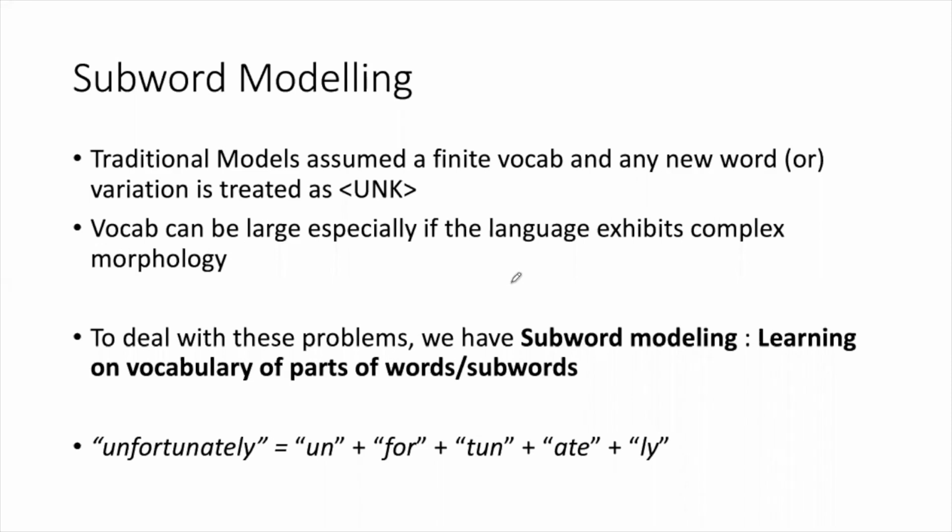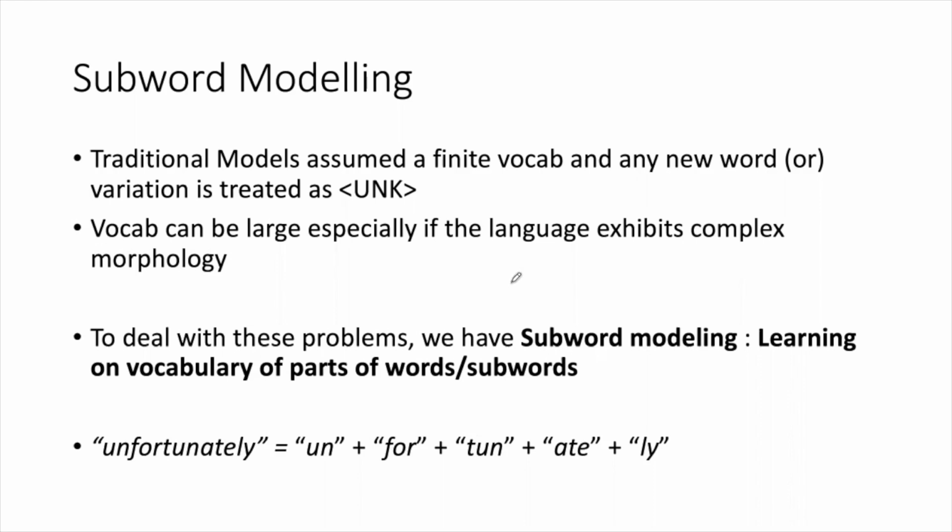Now let's move on to the next topic, which is subword modeling. The traditional models that we have used till now typically do the tokenization in the form of words. So each word is taken as a separate token, but there are some problems associated with doing that.